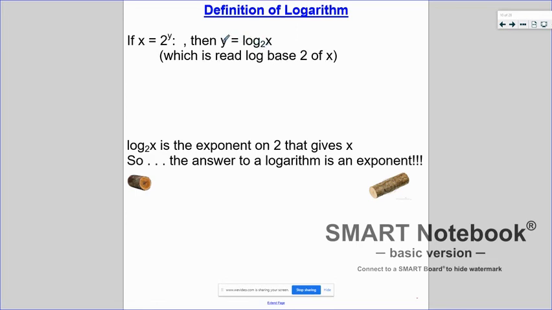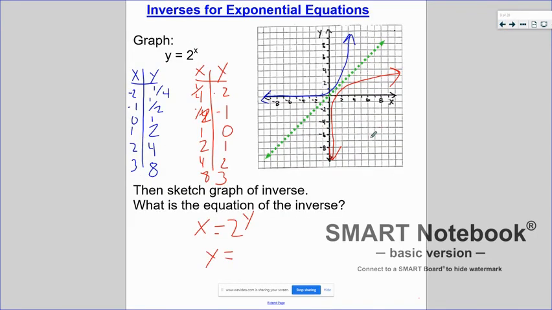So 2 to the y equals x: base, exponent, and then here's the answer. So I'm going to go back to this, y equals log base 2 of x. So 2 is in a subscript position. Everything else would be on the straight line, the log and the x's and the y.